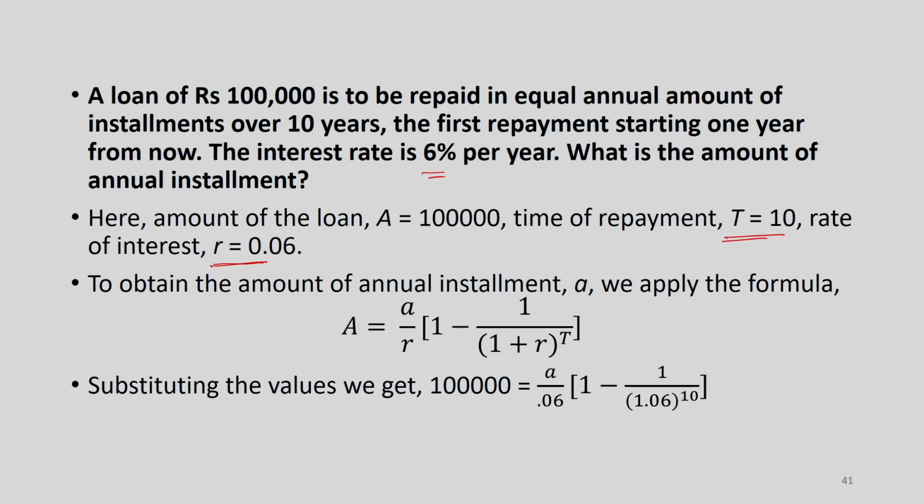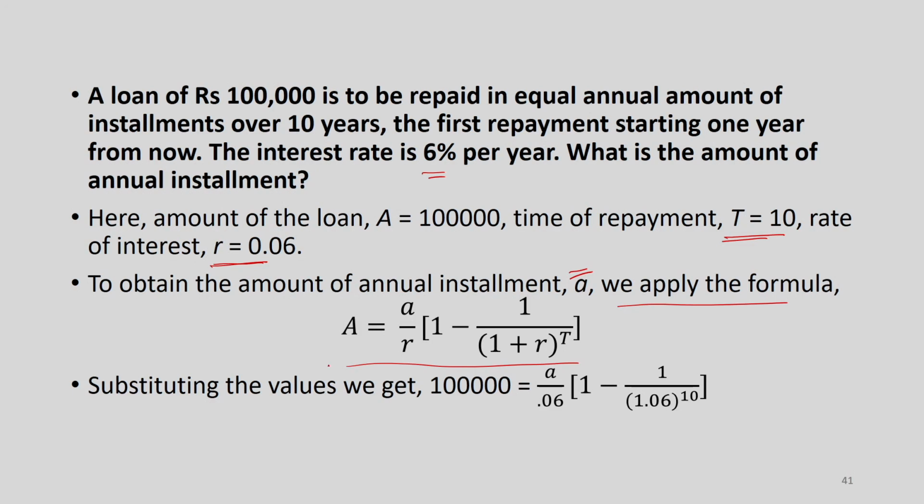Now, to obtain the amount of annual installment, let us suppose that is given by small a, we apply this formula. We have discussed this formula during the course. Capital A is equal to small a divided by r multiplied by 1 minus 1 divided by 1 plus r whole to the power capital T.